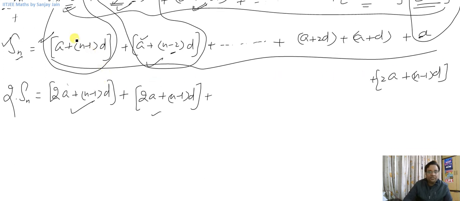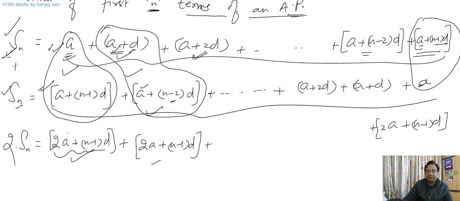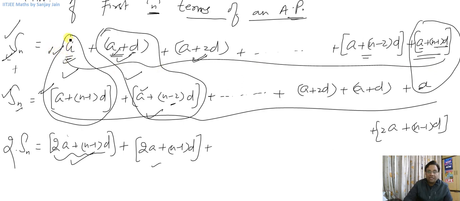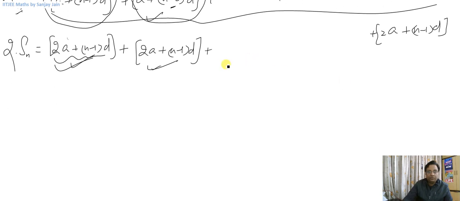So each of these additions gave me 2a plus (n minus 1) into d. How many times? Because I have got n terms in this sum and n terms in this sum, I'll get n terms in this resulting sum also. So I will have this 2a plus (n minus 1) into d written n times.